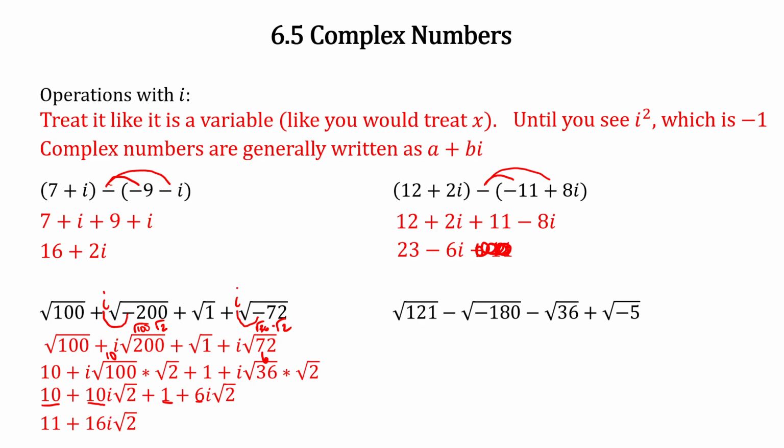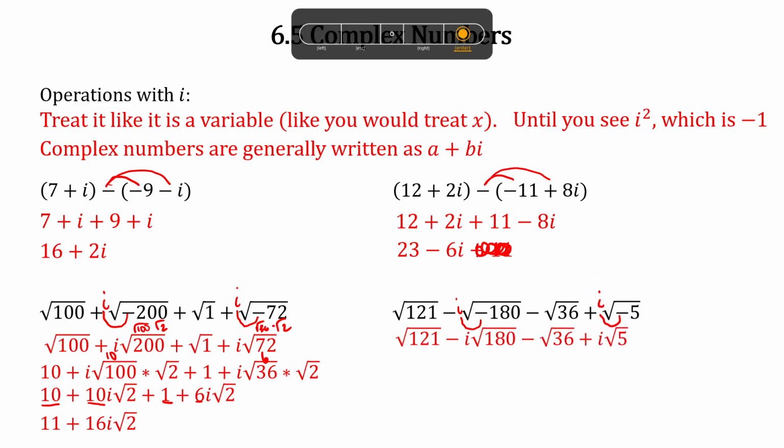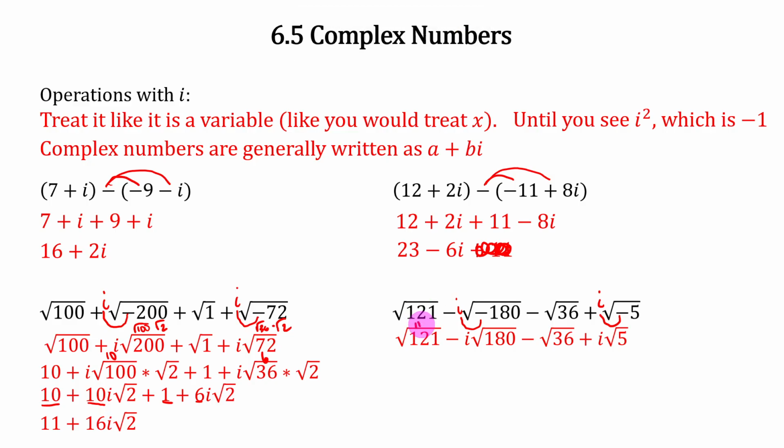Okay? So same thing here. Bring this out and call it i. Bring this out and call it i. This is going to be 11. This is going to be square root of 36 times square root of 5. This is going to be 6, and that's just going to be square root of 5.